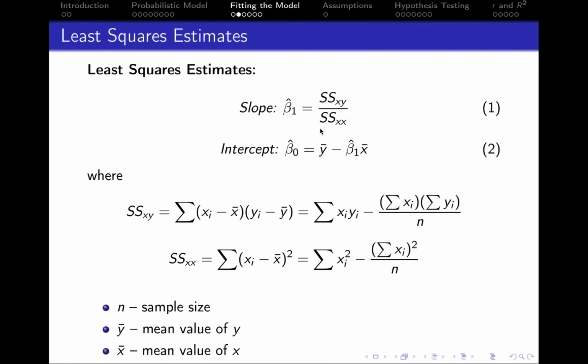And to get the value for the denominator, we will sum the squared difference between each individual value of x and the sample mean. Or the alternative formula looks like this: the sum of squared x's minus the squared sum of x's divided by the sample size n.